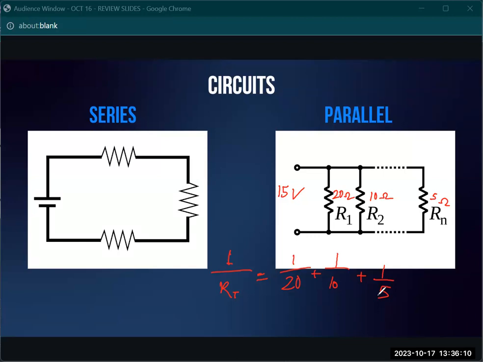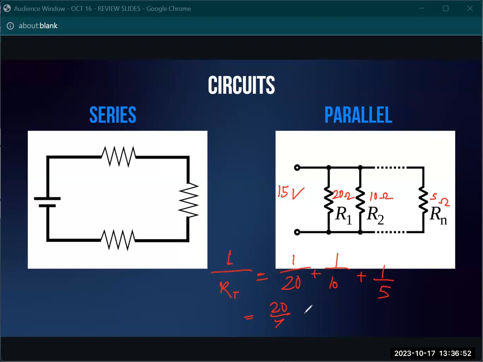Hold on, let me get my count. Okay, so ang magiging resistance nito is around 7 over 20. Ay, hindi, 20 over 7 pala.